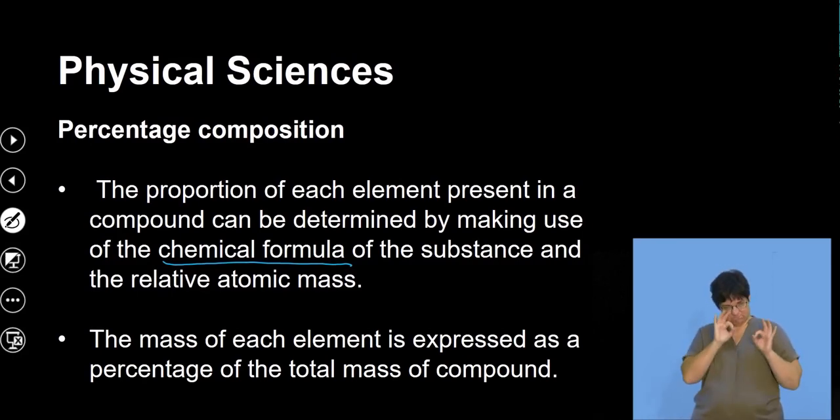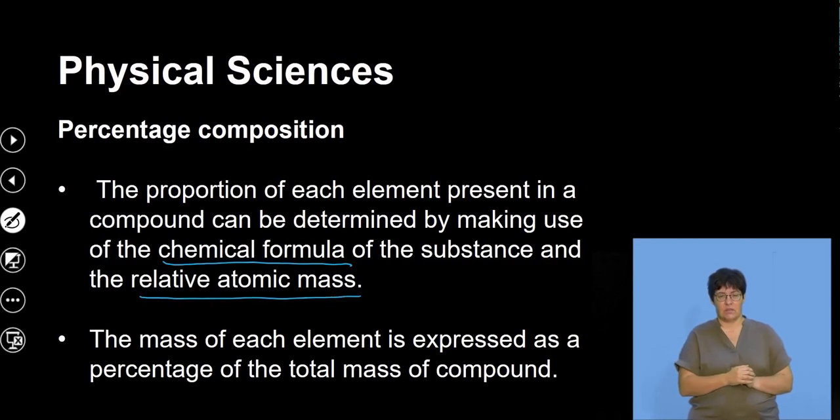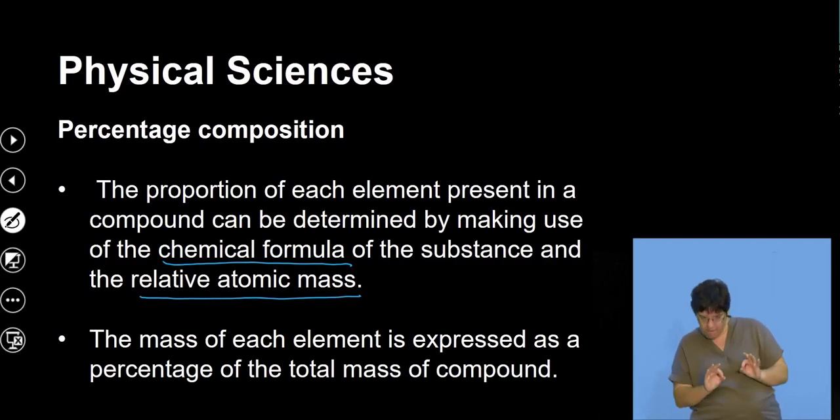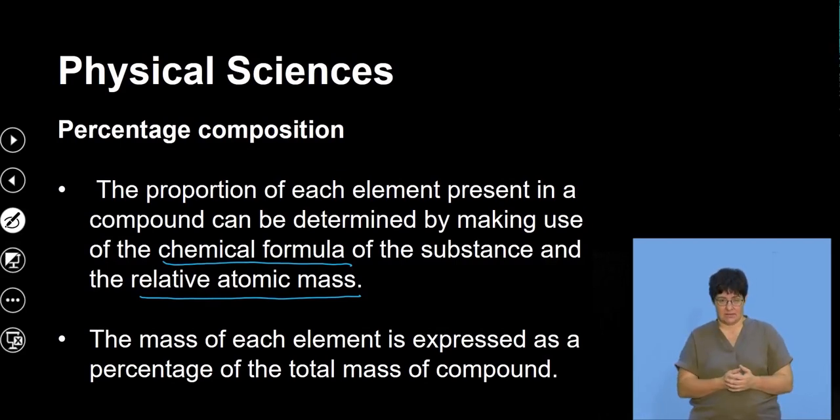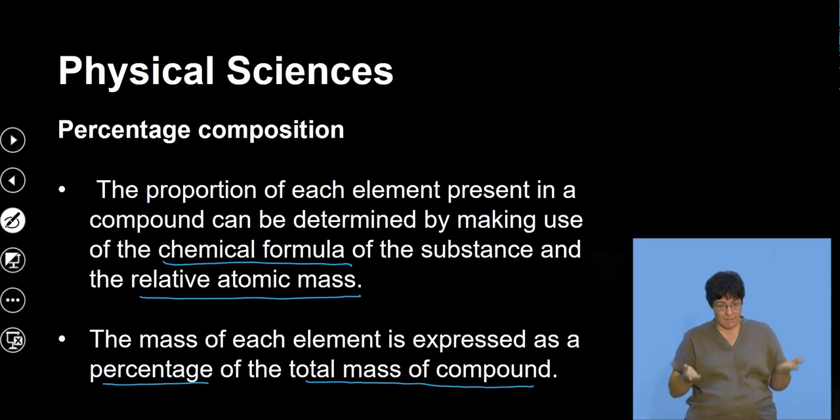And also we need the relative atomic masses as reflected in the periodic table. So from the name, we've got the chemical formula, and then we can determine the percentage. The mass of each element is expressed as a percentage of the total mass, so it's the percentage of each element based on the total mass of the compound.